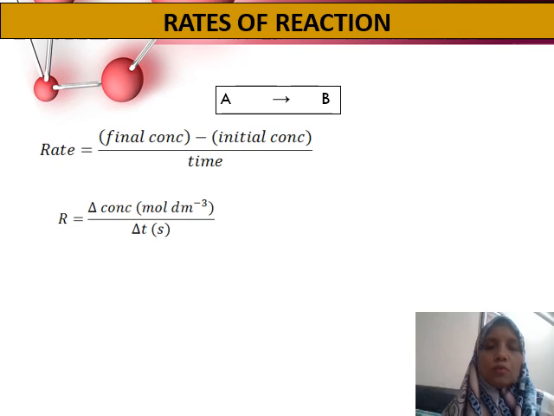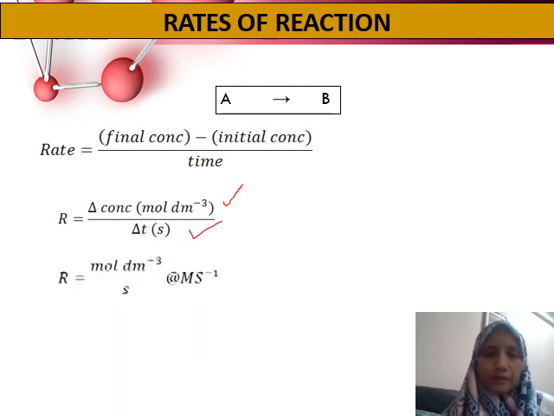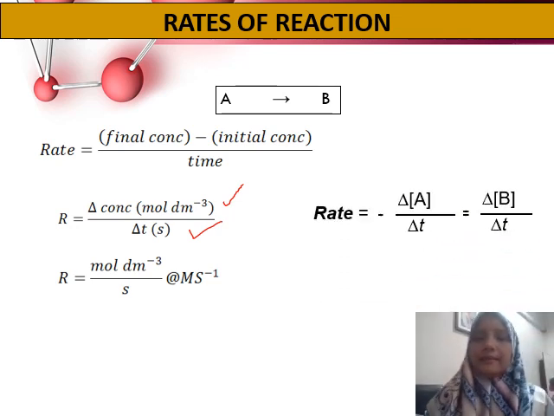The unit is mole per decimeter cubed over delta T, the differential of the time. Then that will give units of mole per decimeter cubed per second, or we can simplify into molar per second.